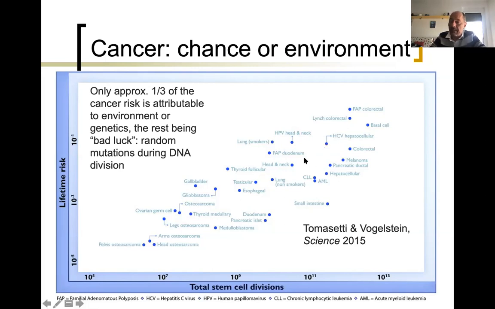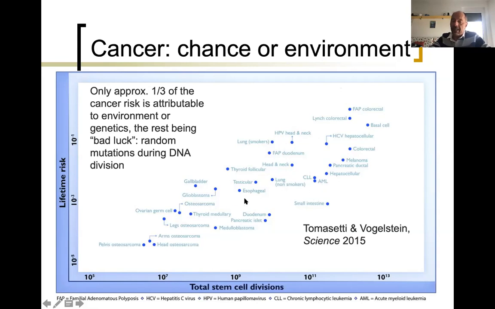And if you go up here, for example, we have seen before the FAP, the familial adenomatous polyposis. If you compare the risk of colorectal cancer here, less than 10 to minus 1, with the risk if you have FAP or Lynch, which is another genetic predisposition, you see that there is really an order of magnitude difference.